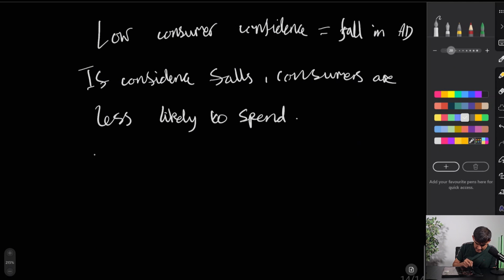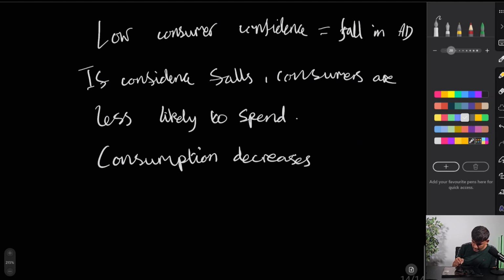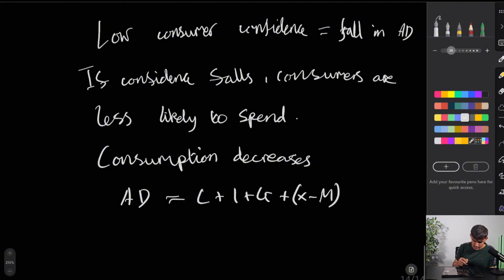And if they're less likely to spend, then consumption will decrease as a result. And as we previously mentioned, AD equals C plus I plus G plus X minus M. So if consumption falls, then so does AD.